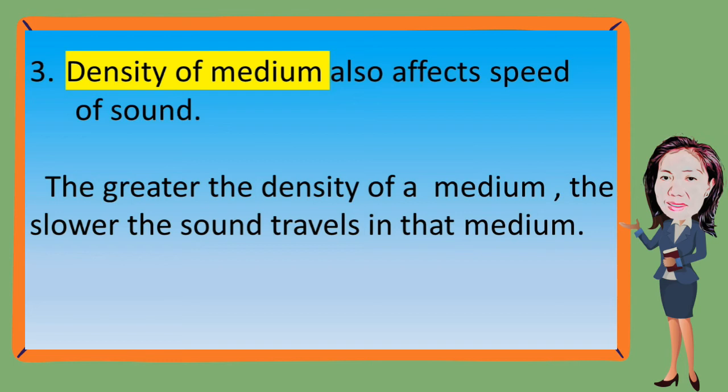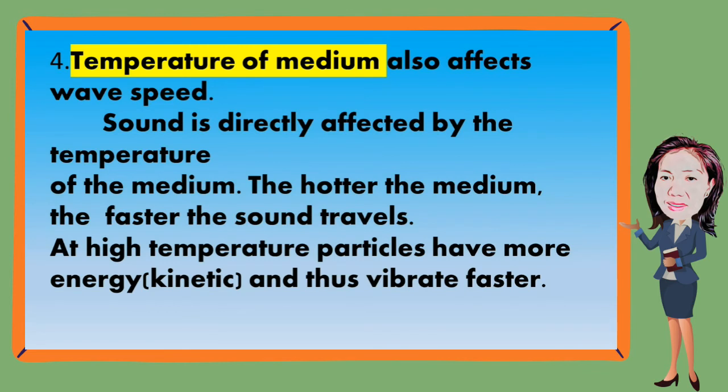Another factor that affect the sound is the temperature of the medium, kung saan siya mag-travel. So, ito yung pinaka main topic actually natin, the effect of temperature on the speed of sound. Okay, so sound is directly affected by the temperature of the medium. So, for example, hot water, cold water.